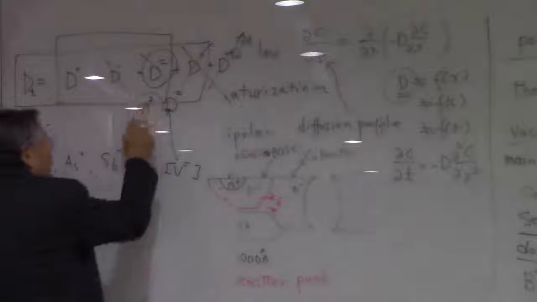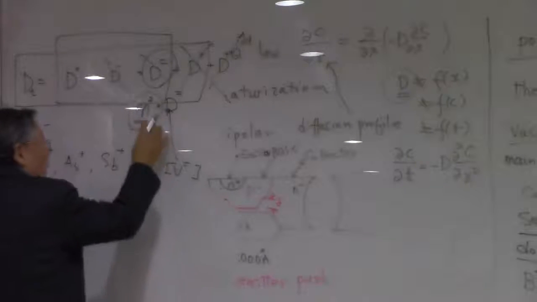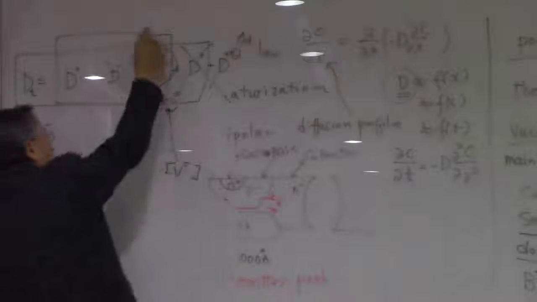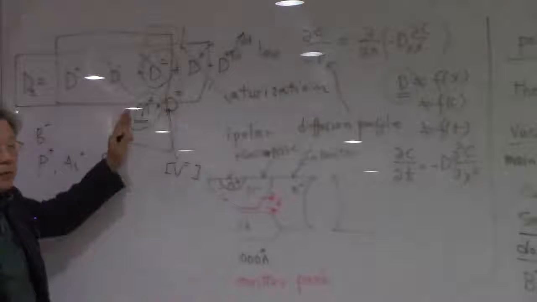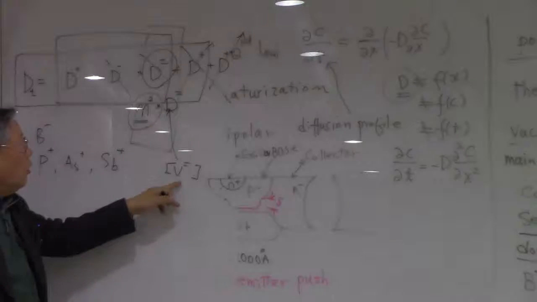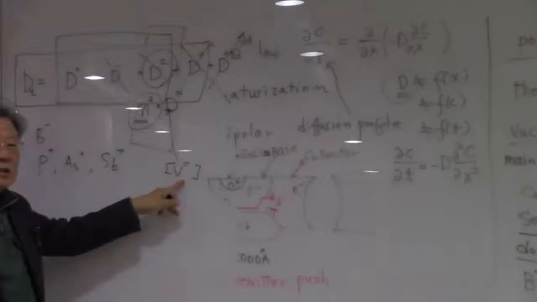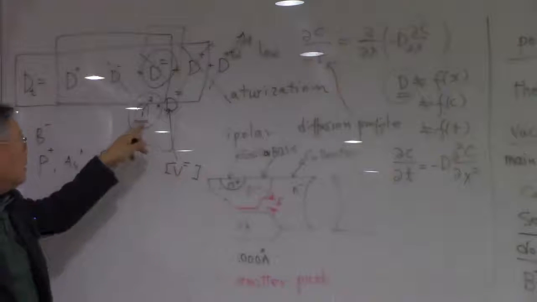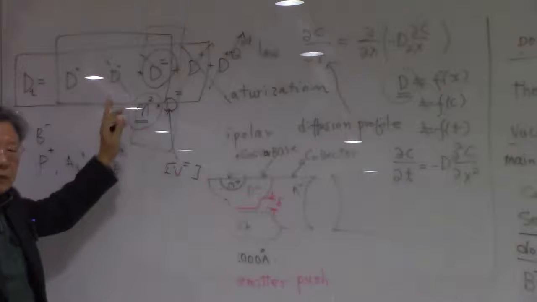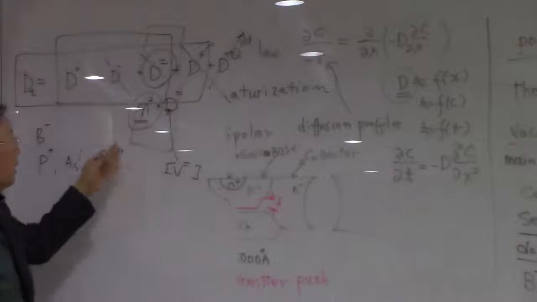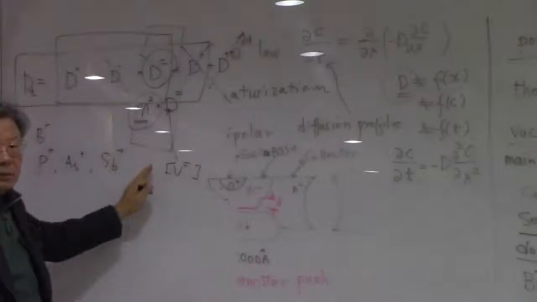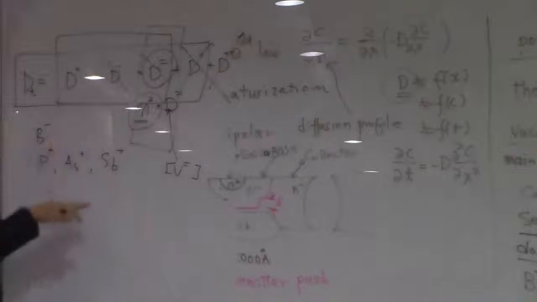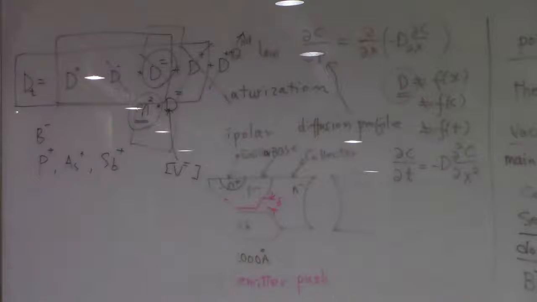We have n squared multiplied to this to get this term, so sometimes, even though the vacancy concentration is not important, if the doping concentration is high, then this term cannot be neglected anymore. That happens, especially in the phosphorus case, which we are going to see.